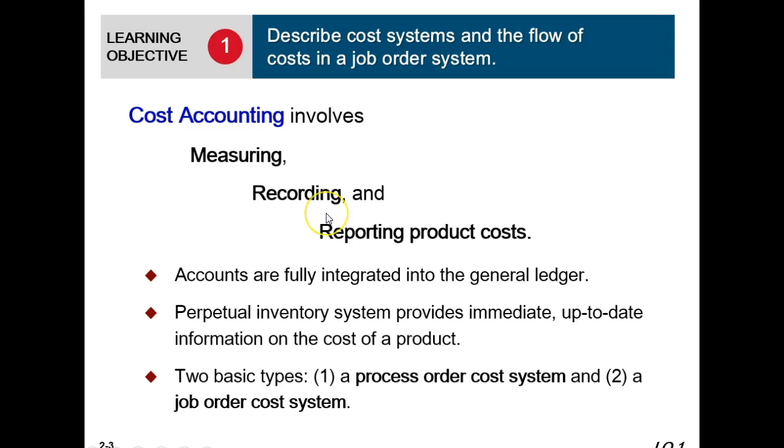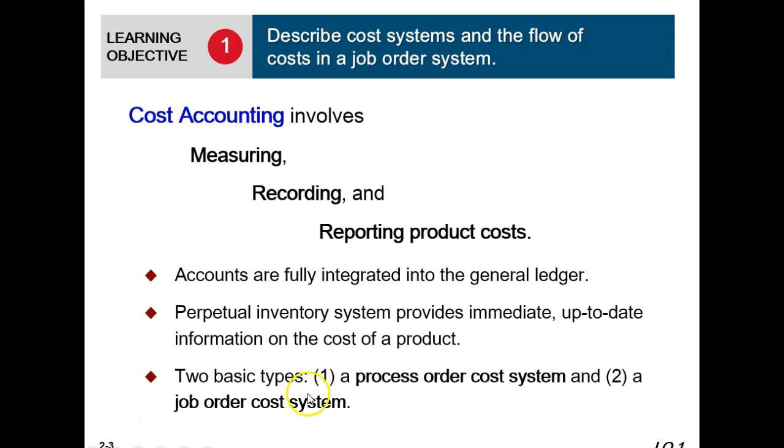We take these various accounts that we've discussed, our work in process accounts, our finished goods accounts, our raw material accounts, and all of these accounts are part of our chart of accounts. They're in the general ledger. And I'm sure you've heard through financial accounting that when we use what's called a perpetual inventory system, it's computerized, so we always know at any point in time, if we can trust the software system, where we stand as far as where our products are and how much we have available.